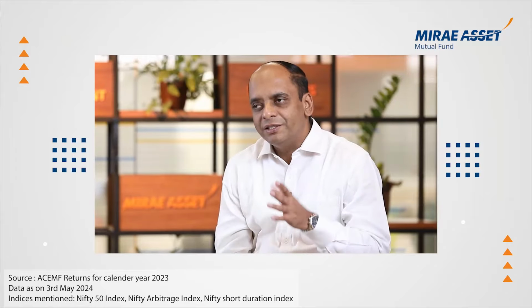Second, there is stability which can be taken from debt allocation and also from the arbitrage allocation. If you look at the calendar year 2023, equity as an asset class gave returns of upwards of 25%, while arbitrage and debt both on average gave returns of around 7 to 8%. So the equity savings category does nothing but marry all these 3 assets into one fund.